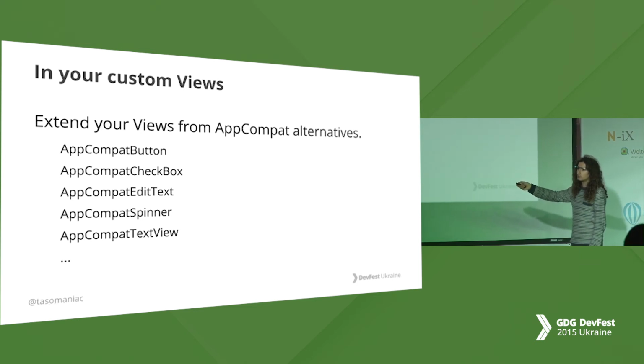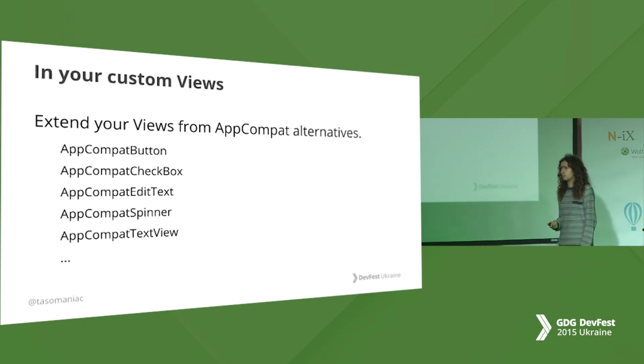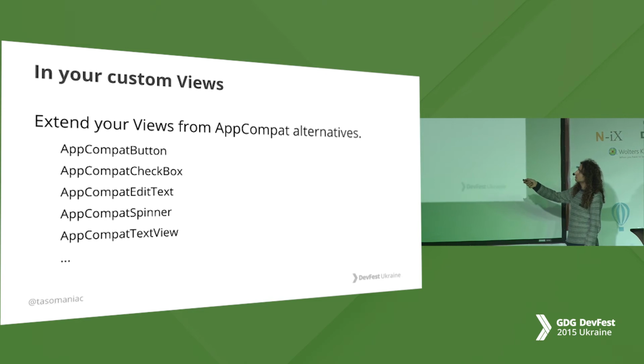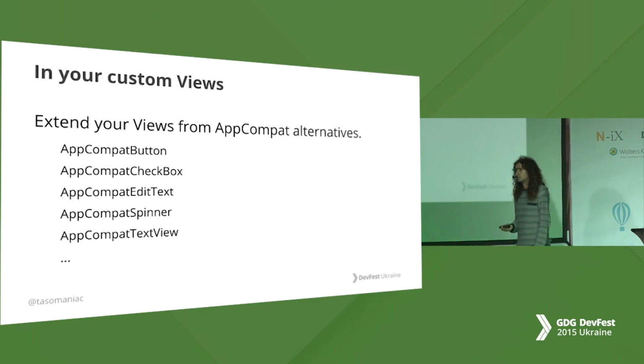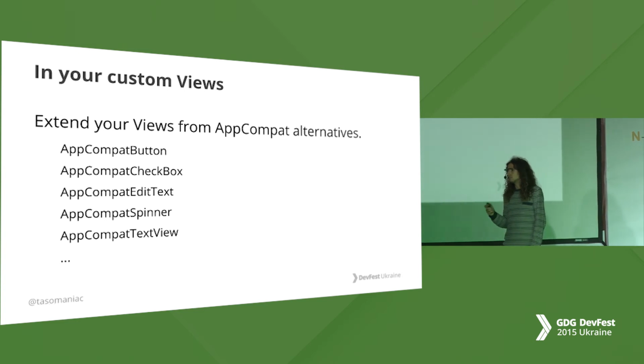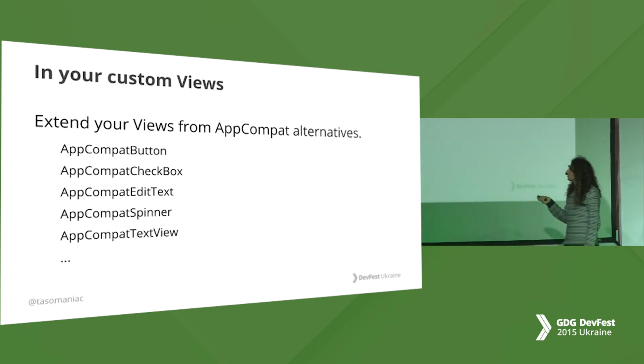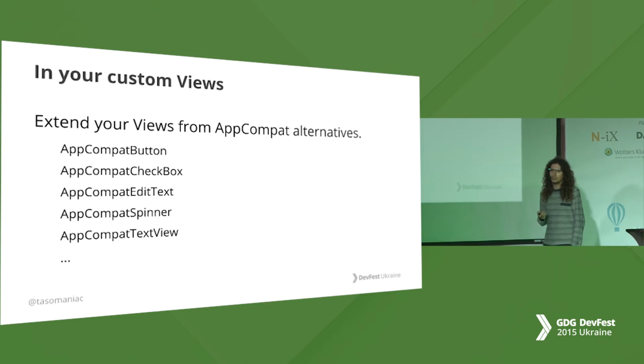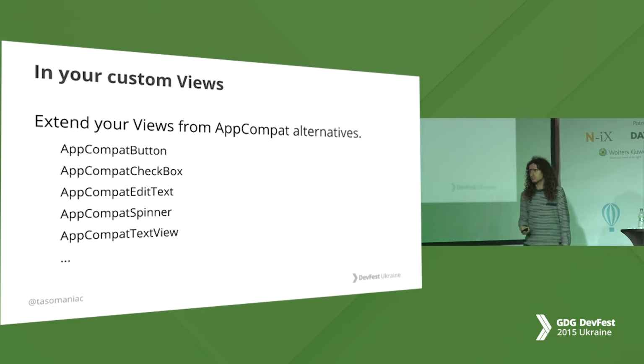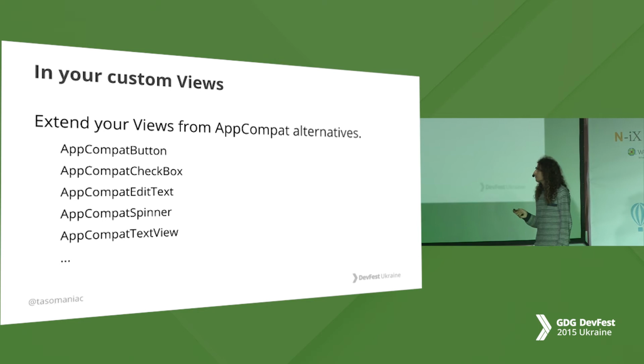This is also a public component in the Appcompat library that you can use. So you should extend from these instead of normal button, checkbox, etc. in your custom views to be materialized, because otherwise it will use the old style buttons, because it doesn't know anything about your custom views.